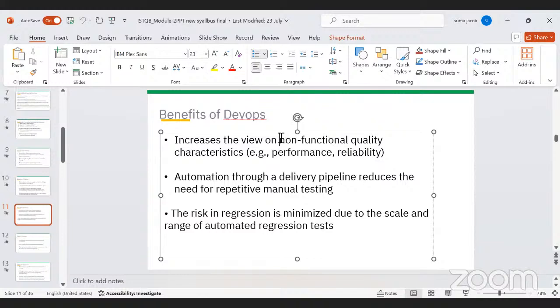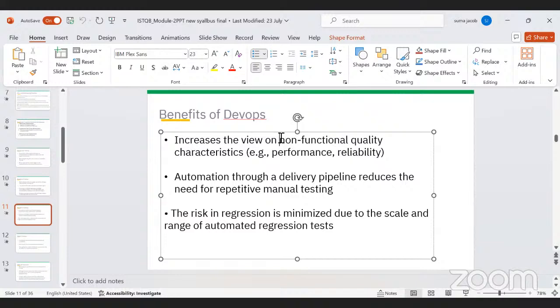Whenever a developer pushes new code, the static analysis and the performance of that particular unit code, or any other non-functional characteristics of it, could be tested then and there.